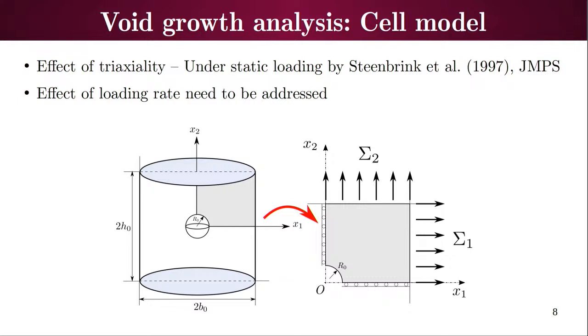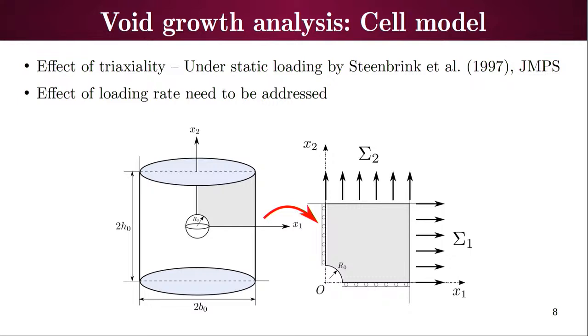So what we are going to model is a continuum. We have chosen an RVE, which is a hexagonal shaped RVE, but that can be approximated as a cylindrical RVE, and then we considered a void inside it. We will look into different configurations. Now making it a cylinder helps us idealize it as an axisymmetric object.